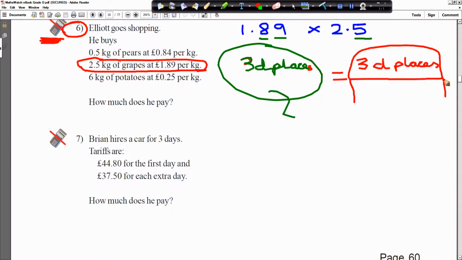And there's the answer. Okay, so that's the rule we are going to utilize.